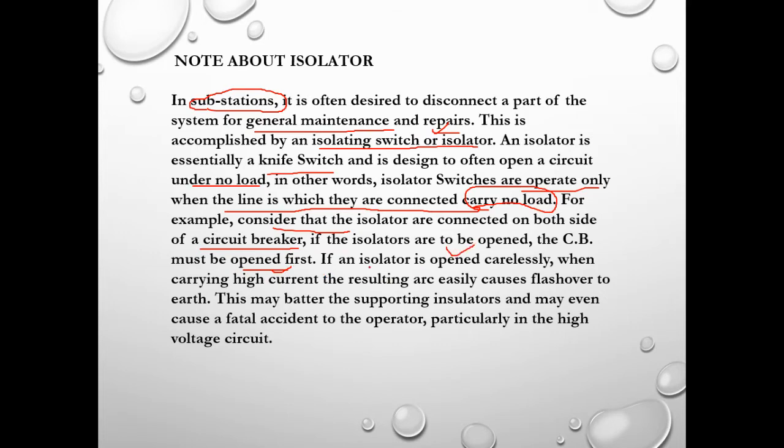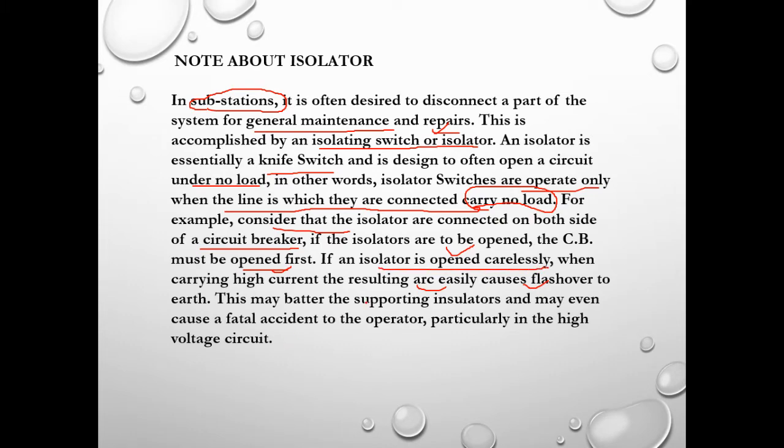So what if an oscillator is opened carelessly? When carrying high current, the resulting arc easily causes flashover to the earth. So it may cause a spark, an arc, which causes a flashover to earth. This is the risk if you don't follow the procedure properly, or you operate this oscillator carelessly.